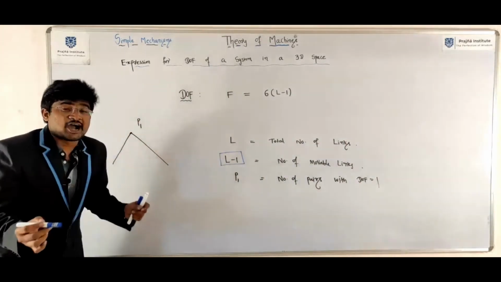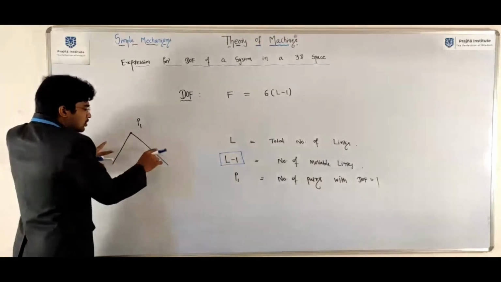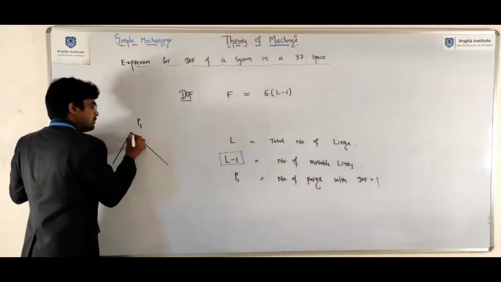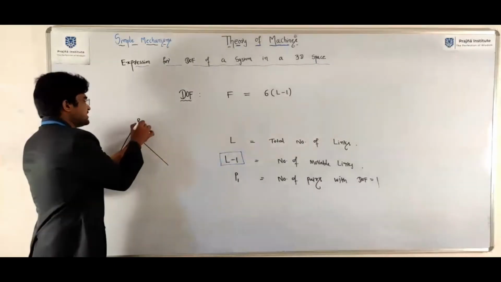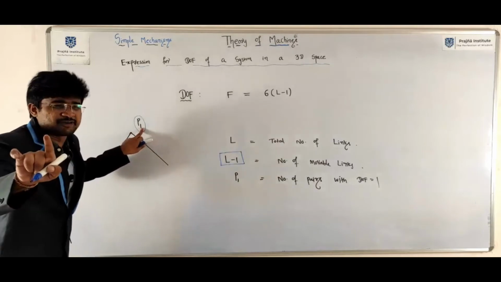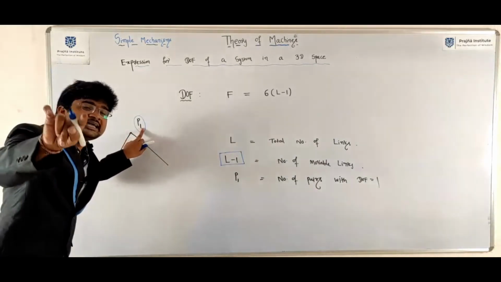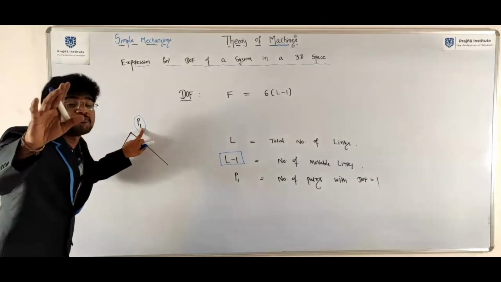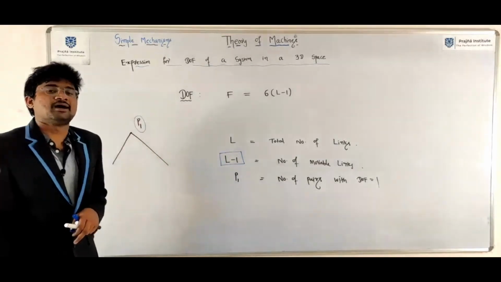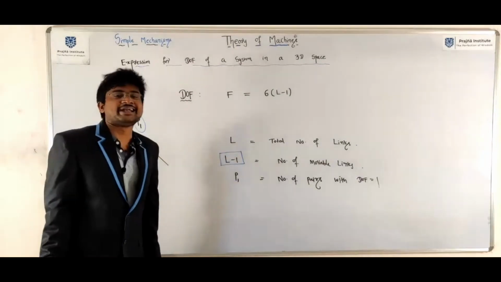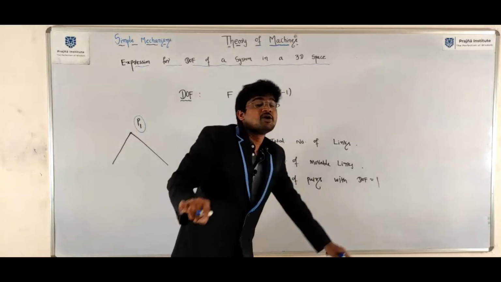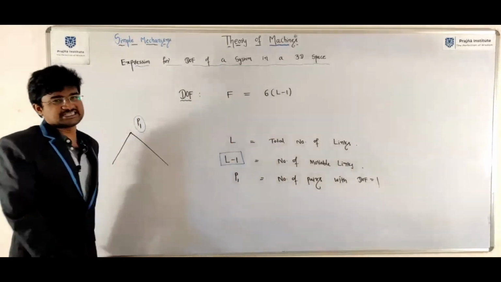If you connect two links by using one pair, it is P1. It is allowing 1 degree of freedom. Allowing 1 degree of freedom means the number of motions restricted by this particular joint. Tell me, 1 degree of freedom is allowed means 5 motions will be restricted.